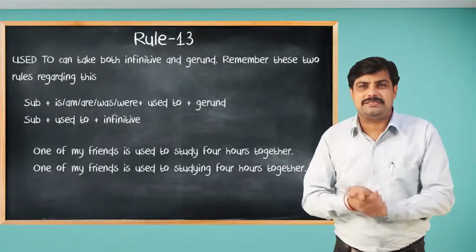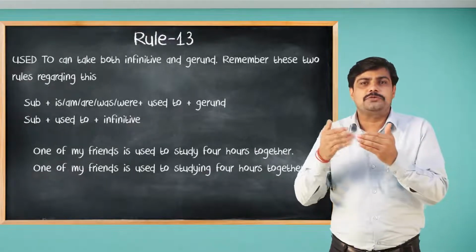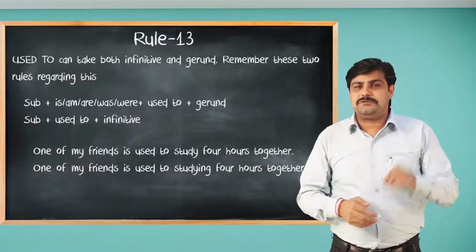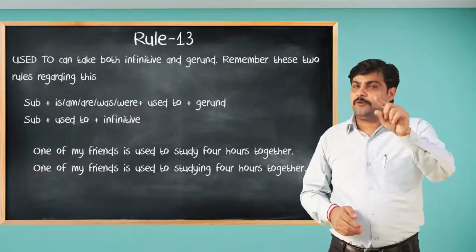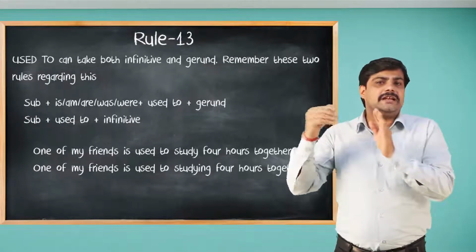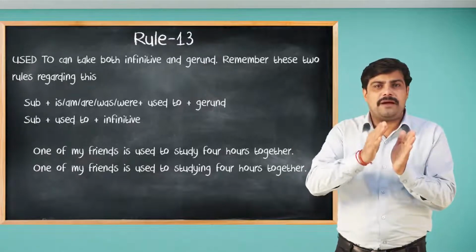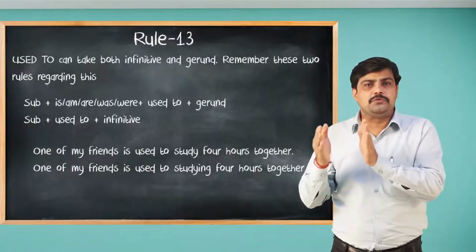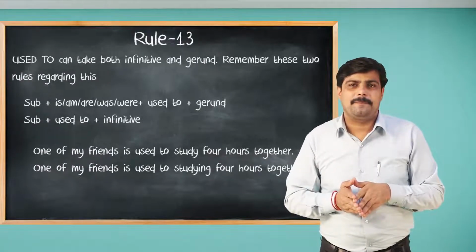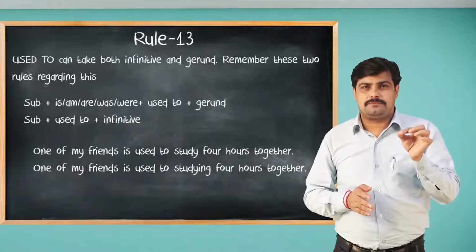For example, let us take the sentence, "One of my friends is used to study 4 hours together." Now in this sentence you see the verb to be is before "used to", so it will take the gerund form. So I will say the sentence as, "One of my friends is used to studying 4 hours together." Applying the first rule.